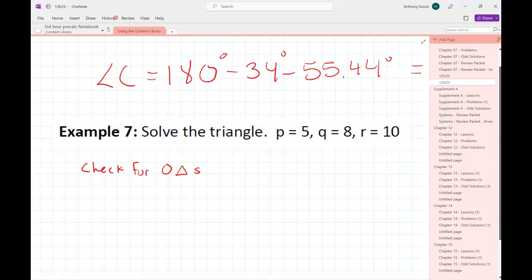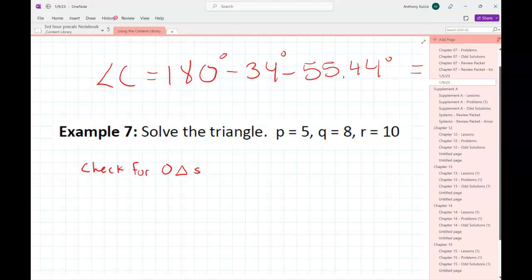If I give you 1, 1, and 10,000, obviously you can't make a triangle out of that, right? What's the rule though? If I give you 3, 4, 5, can that make a triangle? The 5 is the biggest. That's the hypotenuse.